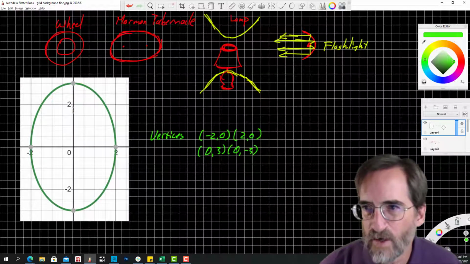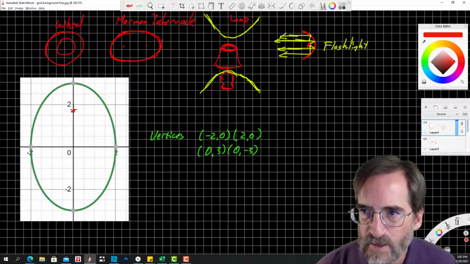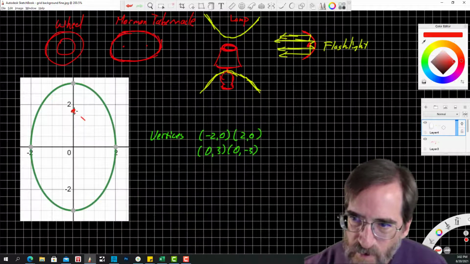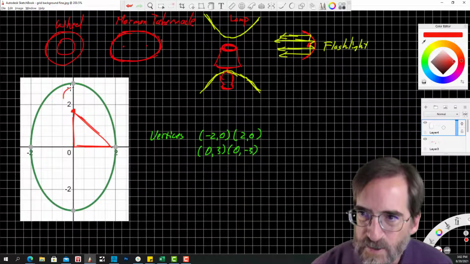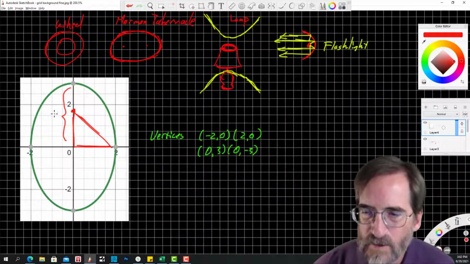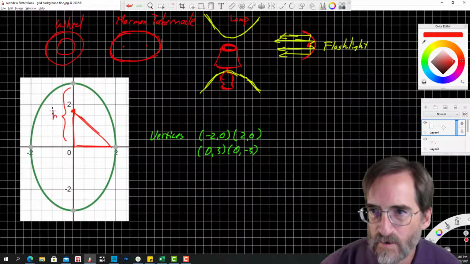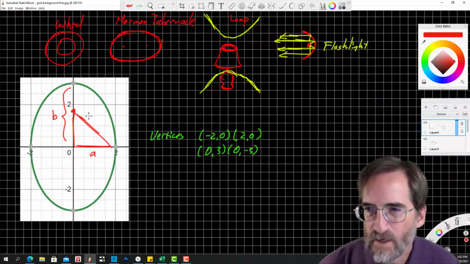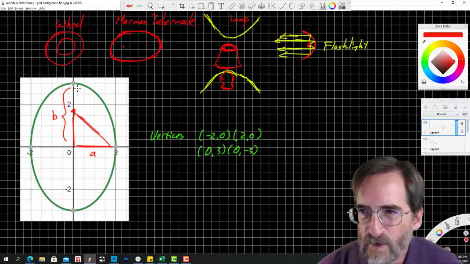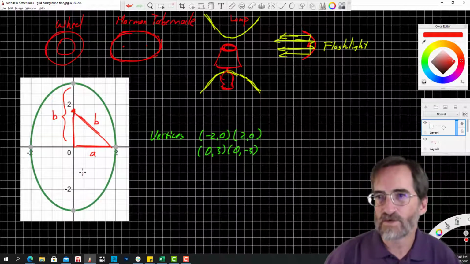If you recall the way focus works here, I'm just going to approximate the focus here for now. And we examine this right triangle. This dimension here is the y dimension that I have labeled in my formula b. And this is the x dimension that I've labeled a. And the whole b actually happens to be the hypotenuse of the right triangle.